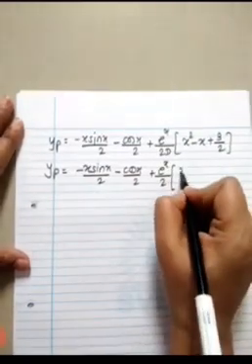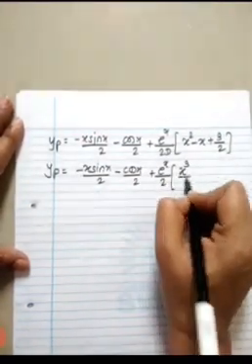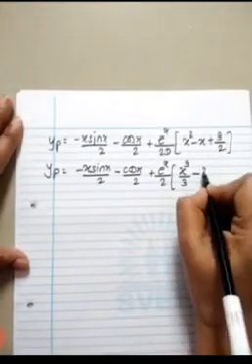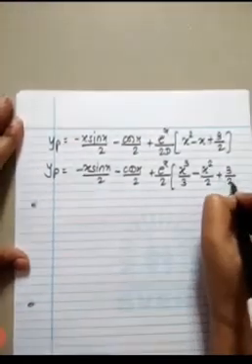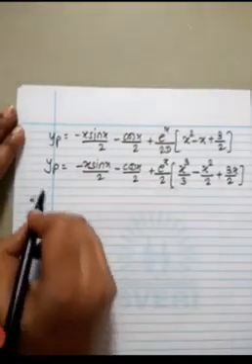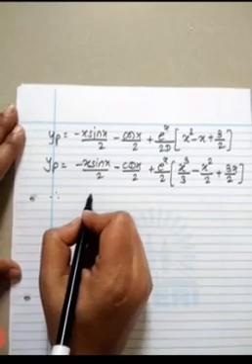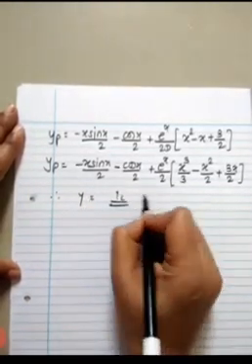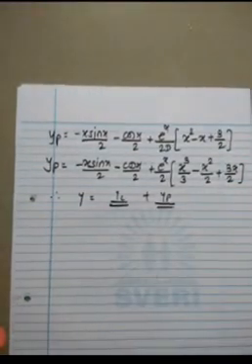Integration of this term: x cube by 3 minus x square by 2 plus 3x by 2. Done. This is your yp. Therefore, you can now write the general solution. y is yc and yp together will be the general solution.